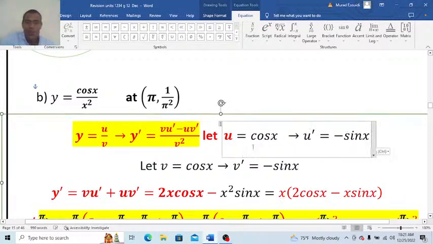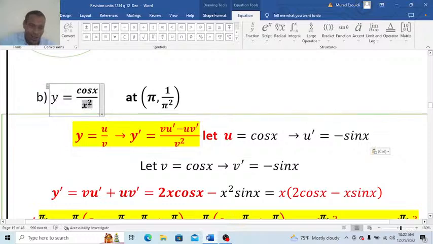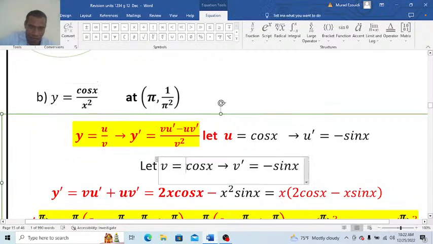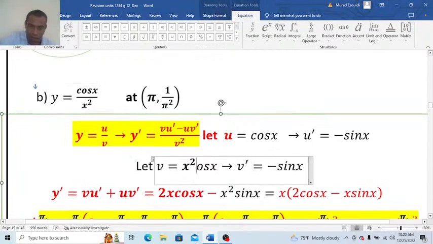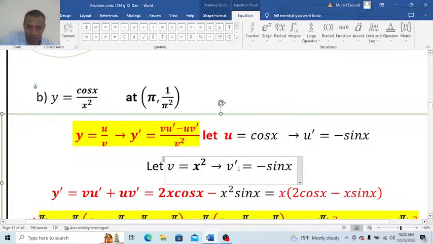Why? Because the first derivative of cosine is minus sine. Now suppose that v is equal to x squared. Therefore the first derivative of the function x squared is in fact 2x, so v dash is 2x.